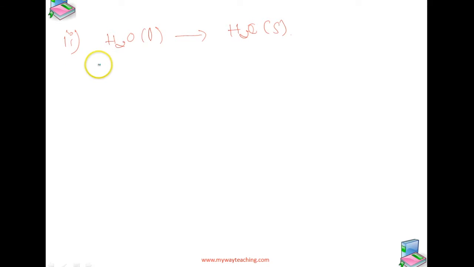So there is negligible change in volume, so we can put P into delta V, which is delta Ng into RT, equal to 0.